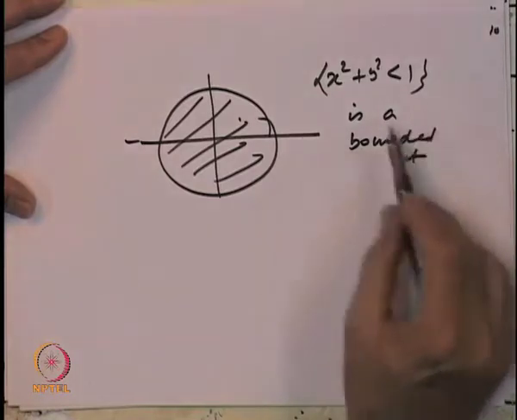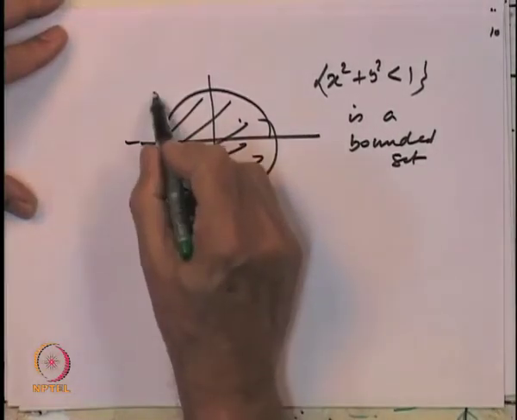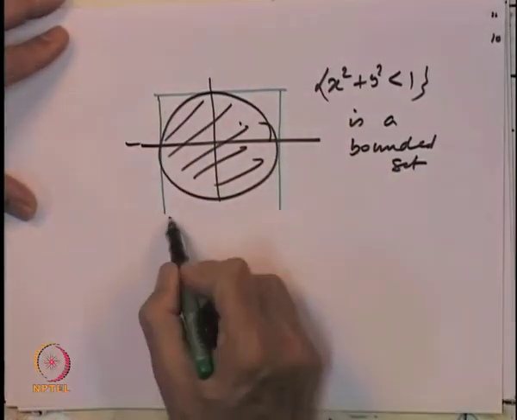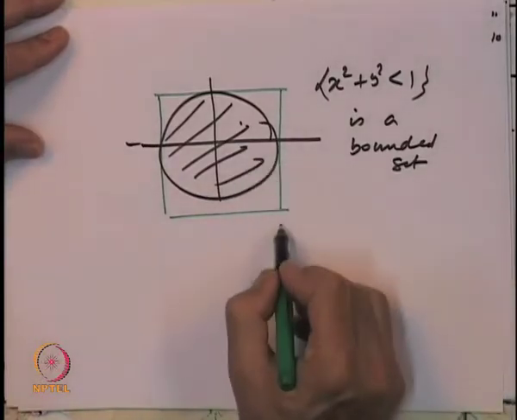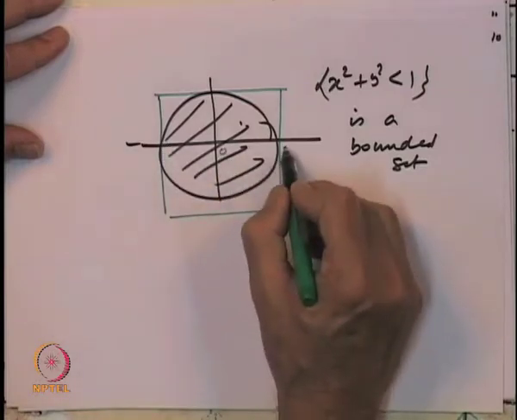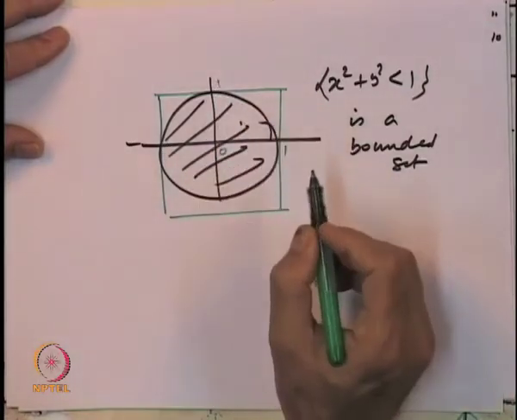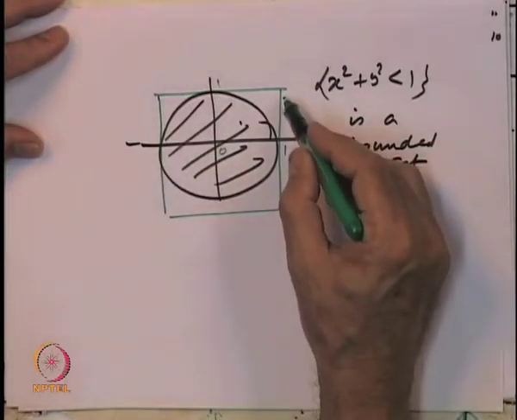For example, this is enclosed inside this square of side 1. So, this is 0 and this is 1 and this is 1. So, it is enclosed inside this square of length 1.